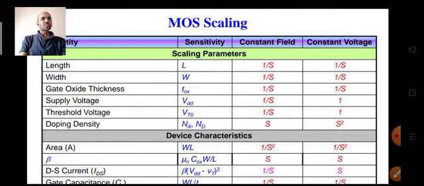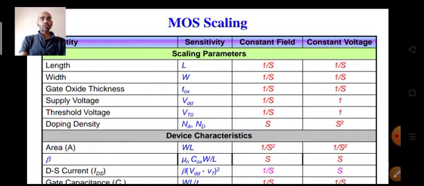L is very easy to understand. When you do constant field scaling, the electric field is constant. Let's say I am talking about the electric field under the gate. It is the gate supply voltage divided by the oxide thickness, so both should be reduced by the same factor.